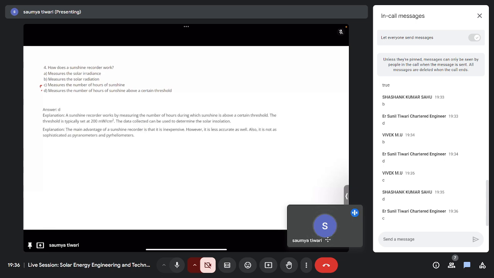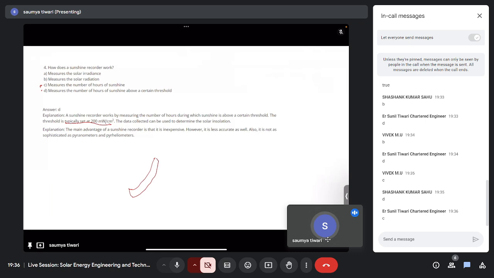So basically, the sunshine recorder does record the number of hours of sunshine, but above a certain threshold. That threshold is typically set at 200 milliwatt per centimeter square, and the data collected can be used to determine the solar insolation. So if it's a cloudy day and the sunshine is way below this threshold, then it will not burn.